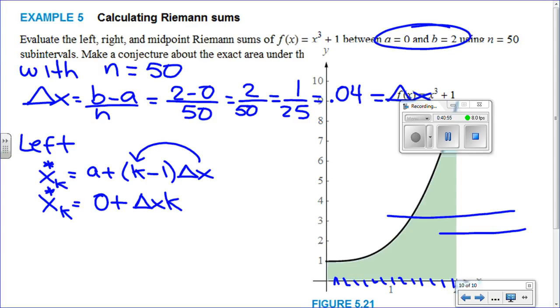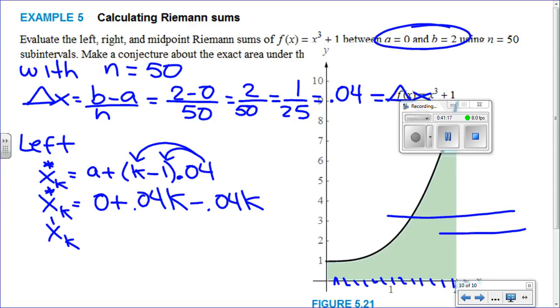Let's substitute delta x, with the 0.04. So then we distribute the 0.04, so it will be 0.04k. And then 0.04 times -1, so it will be minus 0.04. So this is 0.04k minus 0.04.